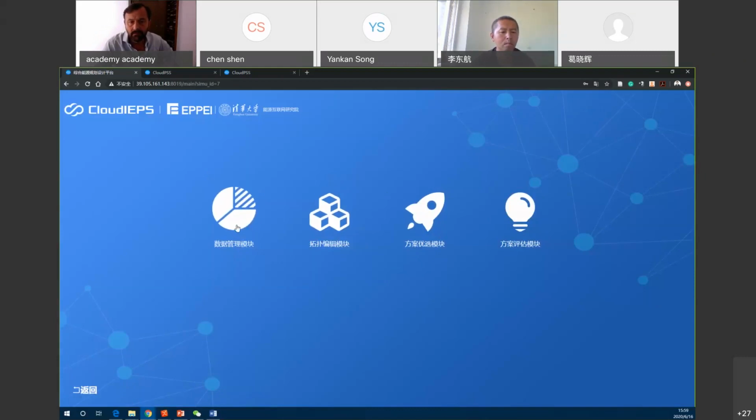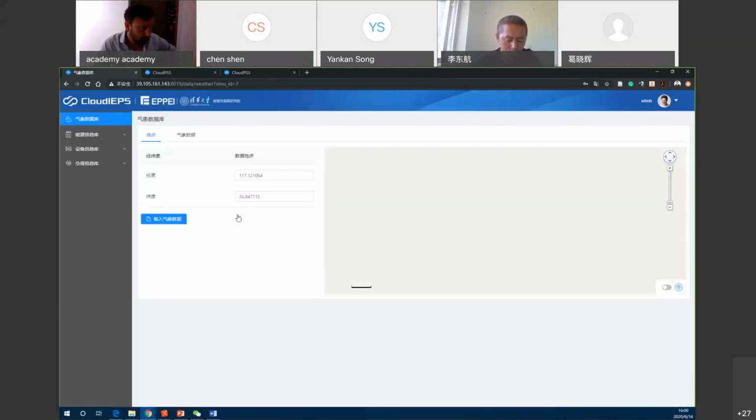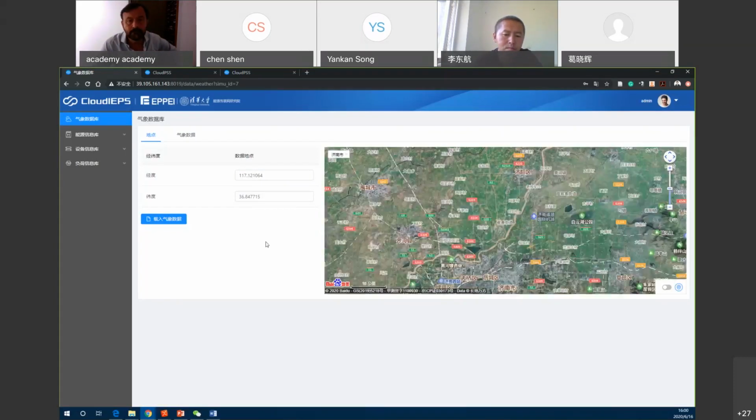The first is the data management module, the second is the topology editor, the third is the optimization, and the last is the evaluation. First we click into the data management module, and then we can enter the latitude and longitude of the project location, and it will be located on the map.